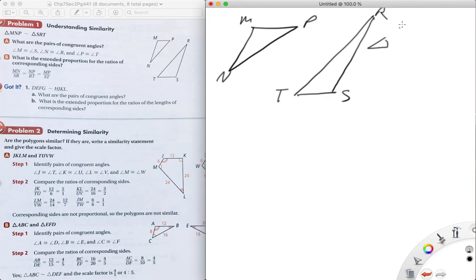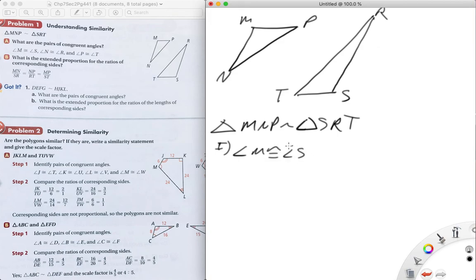They tell you the triangle MNP is similar to triangle SRT. Since they already told us they're similar, they're already aligned. So angle M is congruent to angle S. Oh, wait. I made a mistake. Wait.